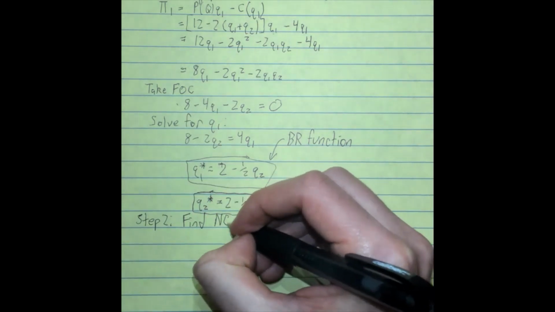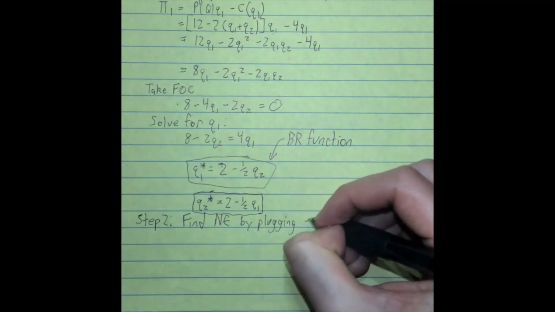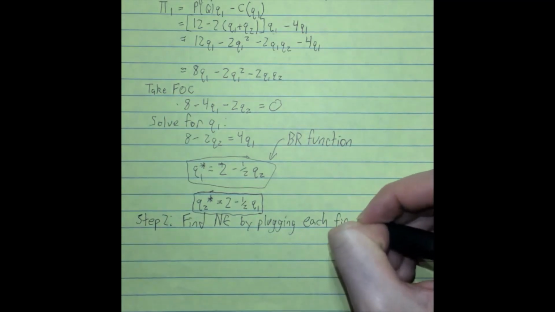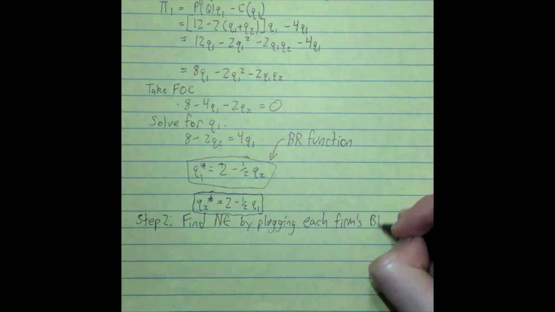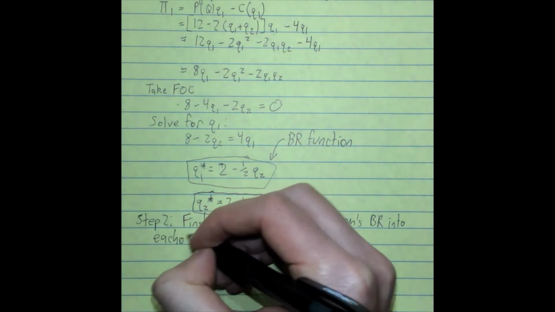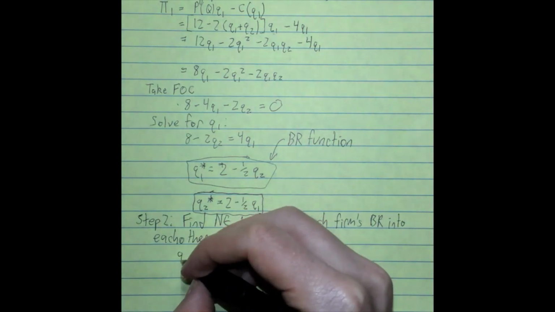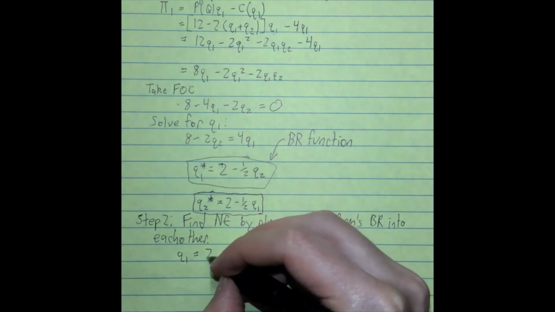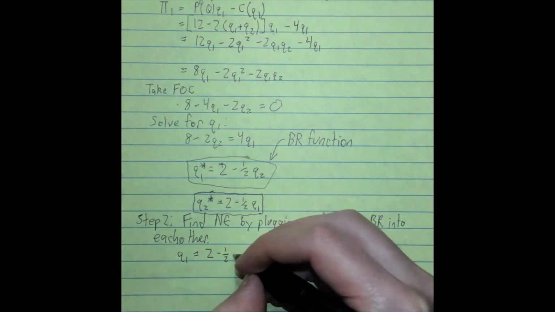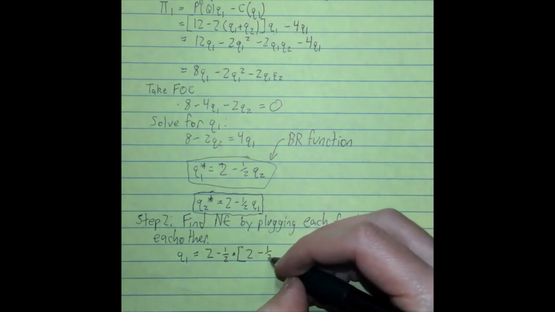We find the Nash equilibrium by plugging each firm's best response into each other. A Nash equilibrium is just one firm playing its best response to the other firm's best response. So let's take firm 1's best response, which is 2 minus 1/2 times Q2, where for Q2 I'm going to plug in 2 minus 1/2 Q1.